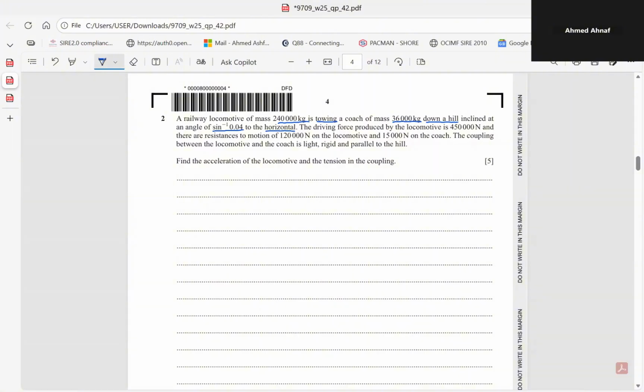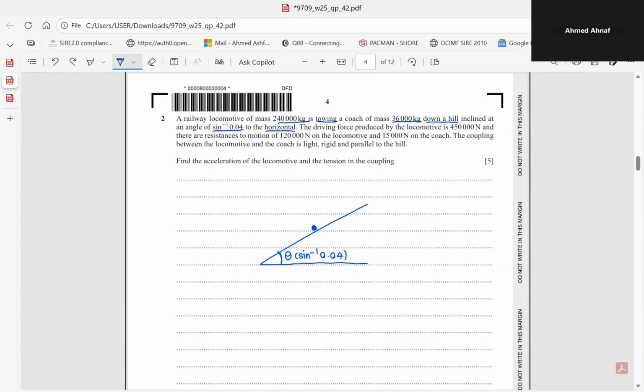So let's start by drawing out the hill. This is the angle theta, sine inverse 0.04, and this would be the locomotive, and then behind there is the coach.